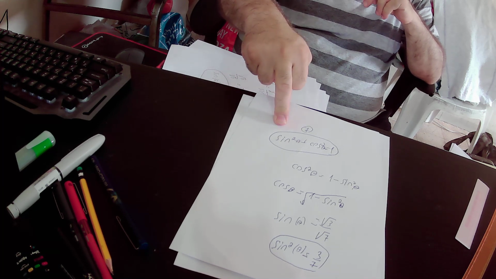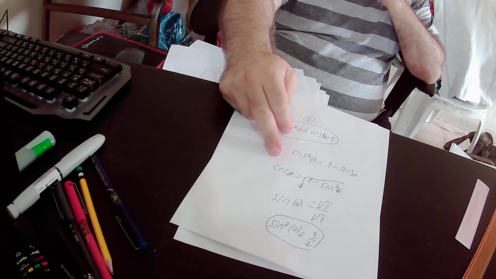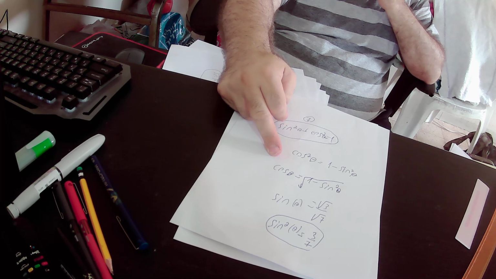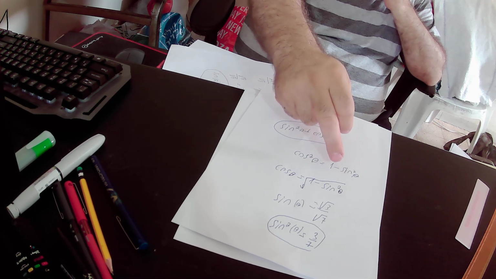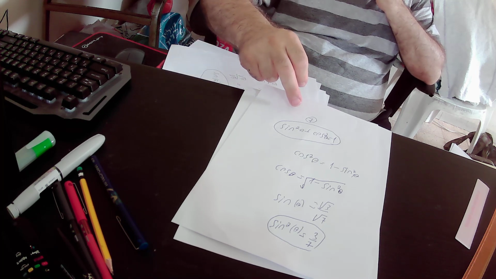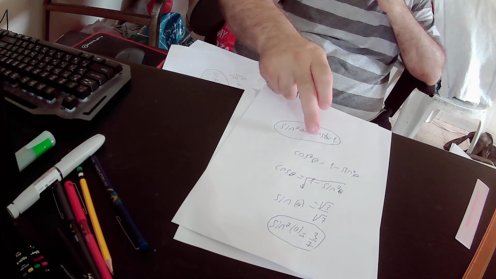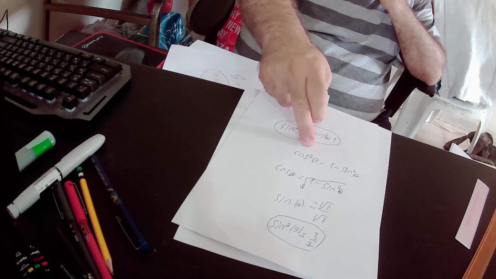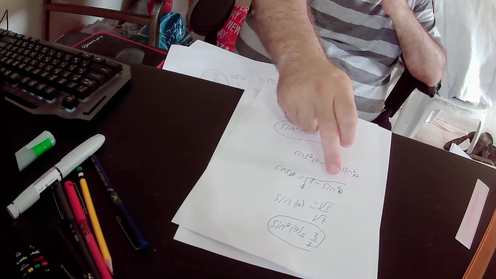From this simple equality, we can derive the value of cosine theta. Cosine theta equals the root of 1 minus sine theta squared. We subtracted sine theta squared from this equality, and then took a root.